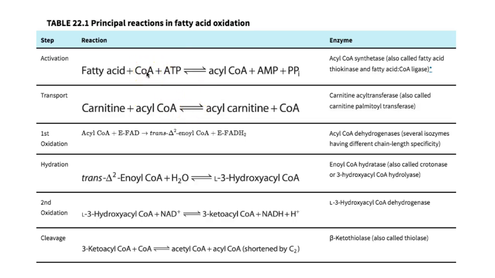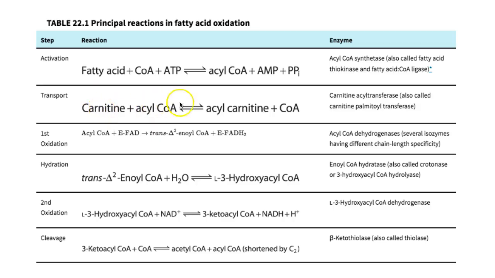And from there, the products will be the AMP and the pyrophosphate group. And also what we need is the activated fatty acid, which is the acyl coenzyme A. And so now it is ready to begin the process of being transported into the mitochondria. But in order to do that, that fatty acid now needs to be attached to carnitine.